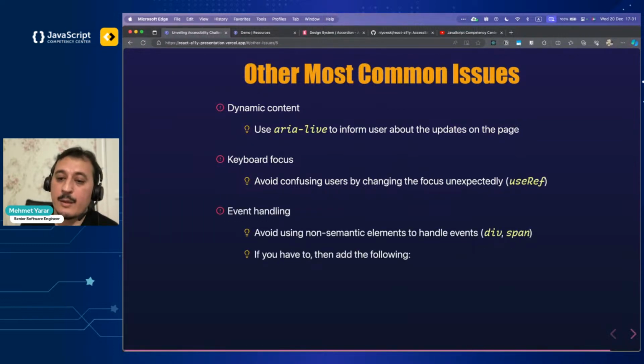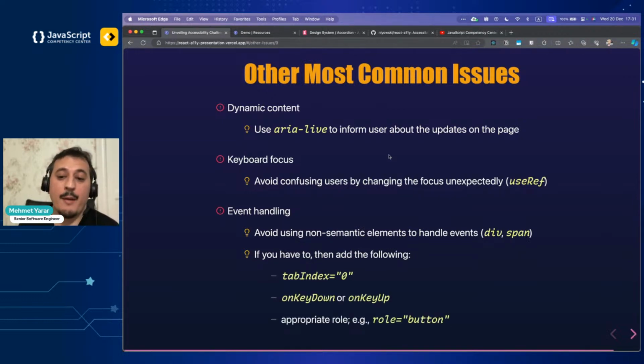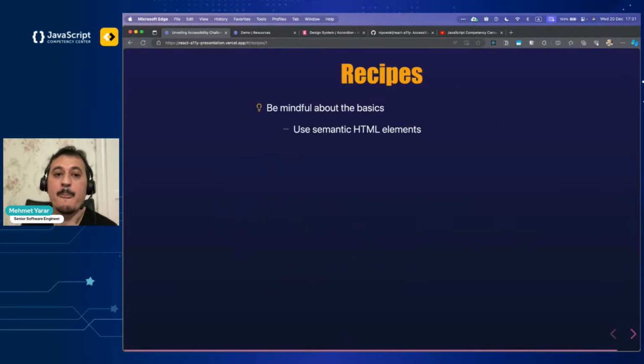You should definitely not use non-semantic elements like div or span. And if you have to do some on-click event, you need to use tab index, on key down, on key up, and use the appropriate role.